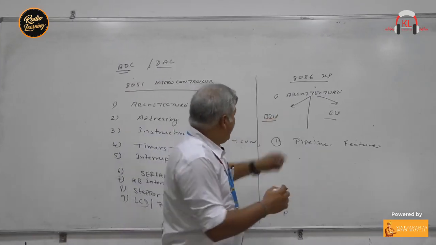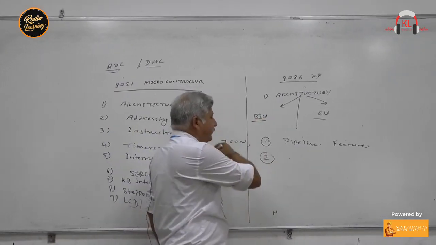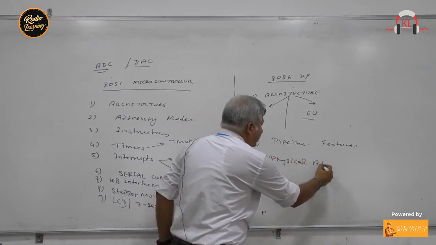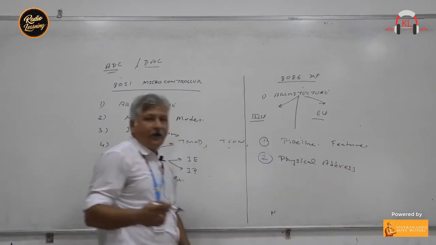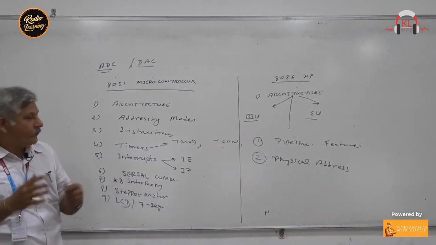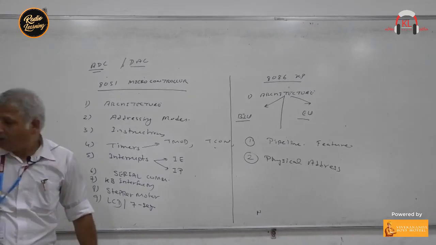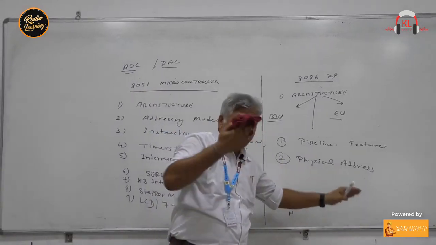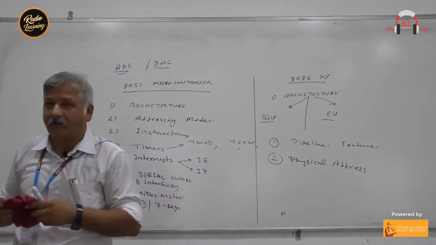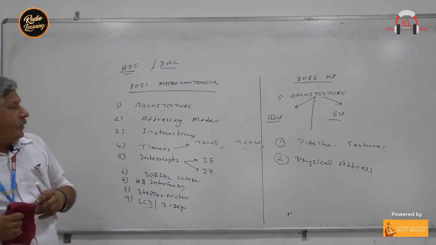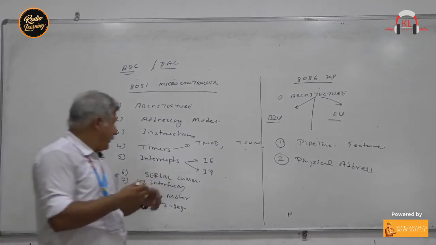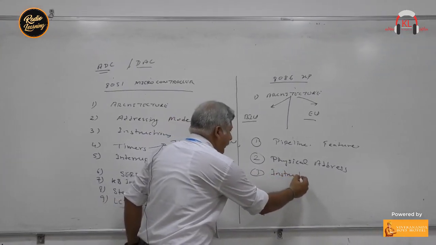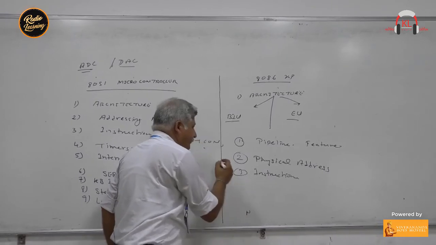Now, in this, you have to study the physical address. How to calculate the physical address, right? How to calculate the physical address under different addressing modes. So that you have to study. And when you are studying the physical address under different addressing modes, then naturally you have to study the various addressing modes. And again, you have to study the various instructions, right?